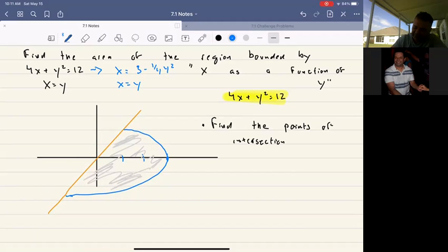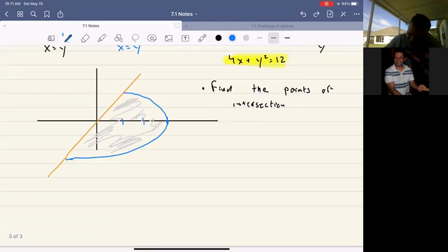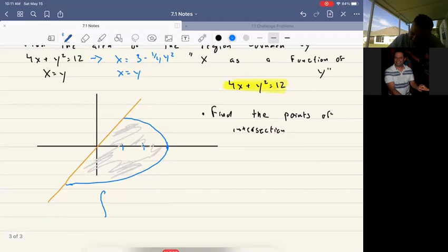So this is the rightmost one, and that's the leftmost one. So we're going to do the integral. We don't know where to where yet. 3 minus 1/4 y squared minus y. Okay, but it's not going to be too hard to find these points of intersection.